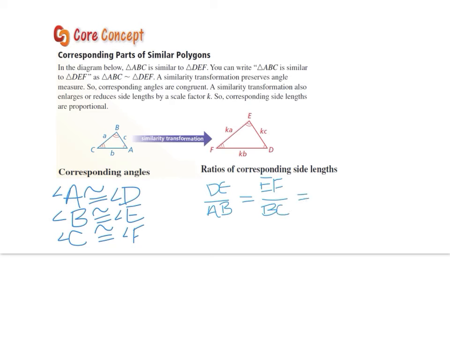And then we can say that DF corresponds to AC. And they all have the same ratio. They're all equal ratios. And we're using the letter K to represent the scale factor. So all these ratios for every pair of corresponding sides have the same scale factor.